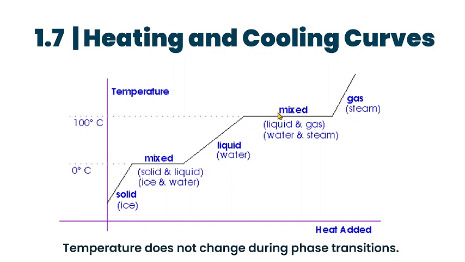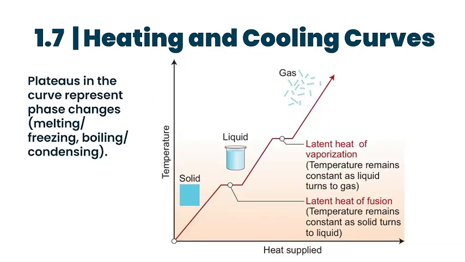And again, we can see here a mixed point. So the point when liquid and gas or gaseous forms of water are already observed in the object. And then lastly, gas. So the plateaus, I've already mentioned, the plateaus in the curve or the flat lines in the curve, they represent phase changes.